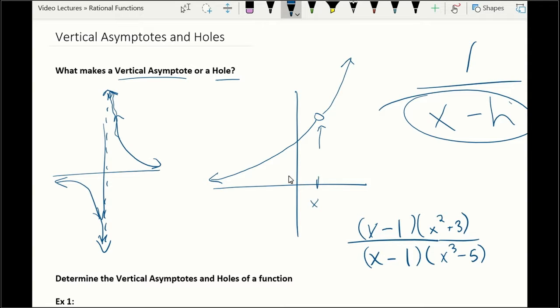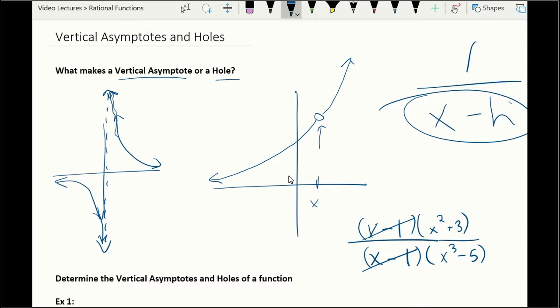But the idea is I could pull out this factor. Right? I have x minus 1 on the top and x minus 1 on the bottom. This is 1. Except, oh, this is a bad example, but we have the same thing on the top and the bottom as 1, except where x is actually 1.